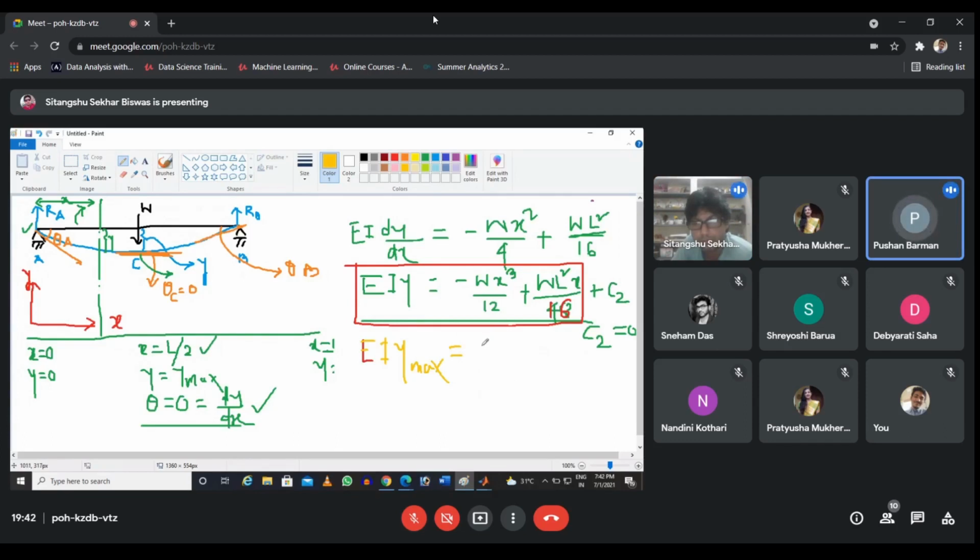Minus WL cube by 96 plus WL cube by 32. You simplify that and tell me what the final value is. Okay. Sir, WL cube by 48.